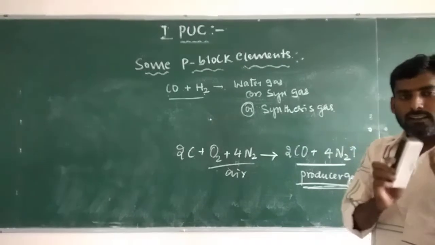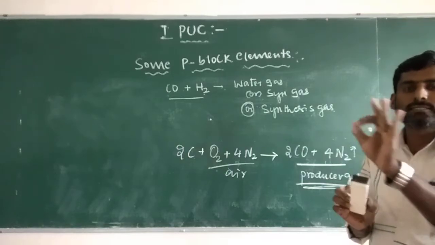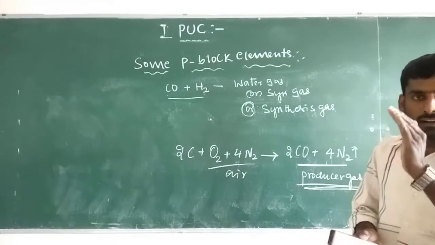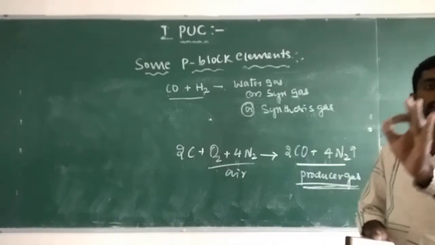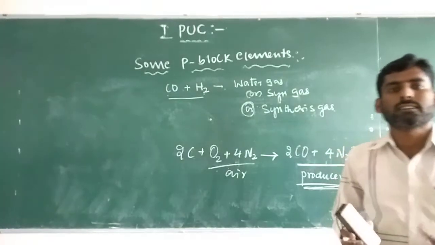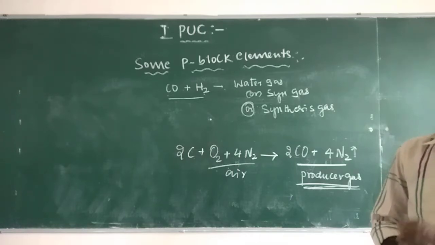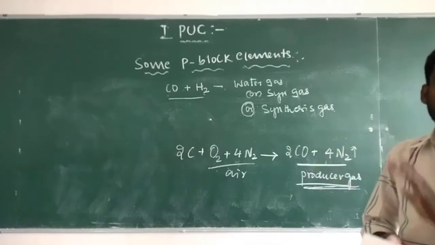Carbon monoxide can be prepared by the direct oxidation of carbon in a limited supply of air. Small quantities of carbon monoxide are prepared by the dehydration of formic acid with sulfuric acid.